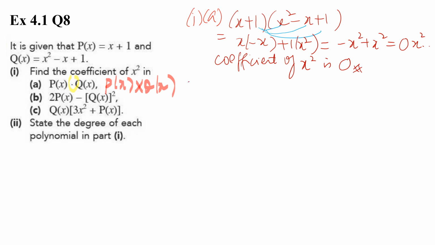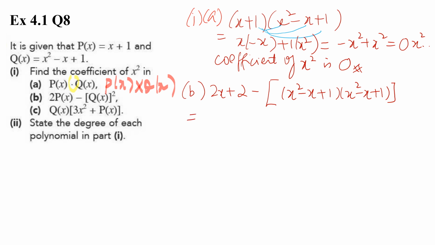Okay, let's go on to part B. 2 times P(x), so it's just 2x plus 2, multiplied with the other polynomial. I'm interested in the x squared term, so there's no x squared term here, no x squared term here, so I don't bother with it. So I go straight with this. This times this times this times this.